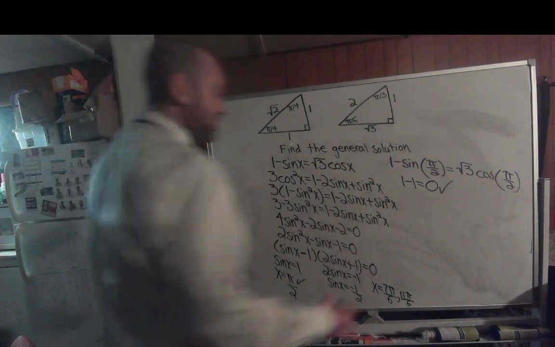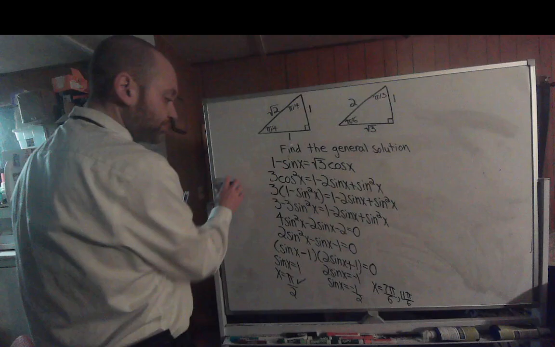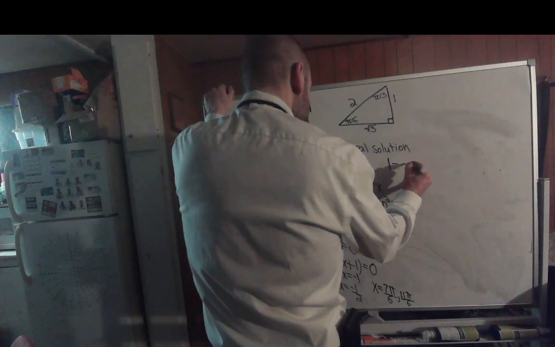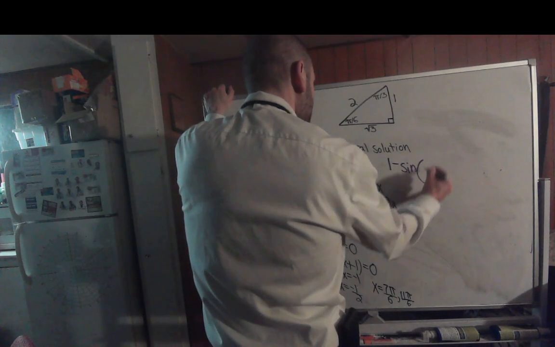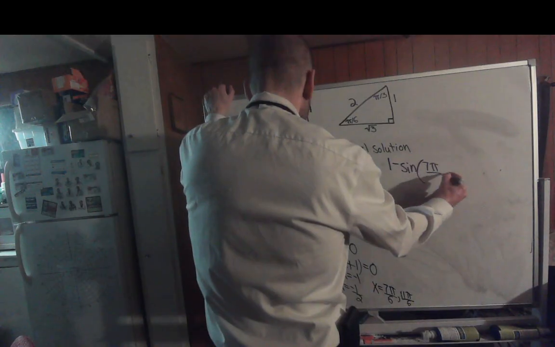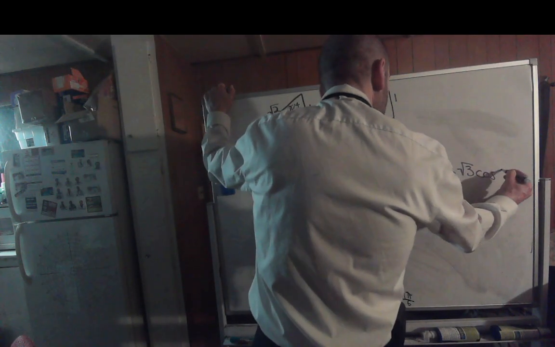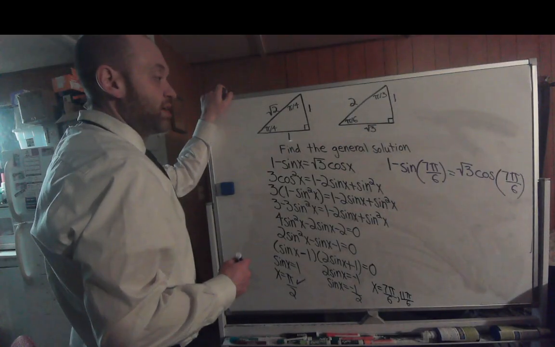But what about 7 pi over 6 and 11 pi over 6? Alright, so 1 minus the sine of 7 pi over 6, set that equal to the square root of 3 times the cosine of 7 pi over 6. Alright, so what is the sine of 7 pi over 6? That's negative 1/2, right?